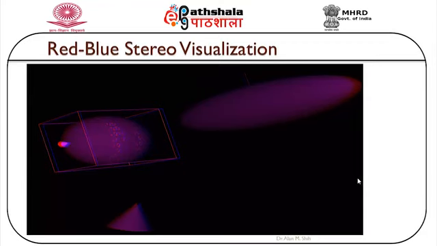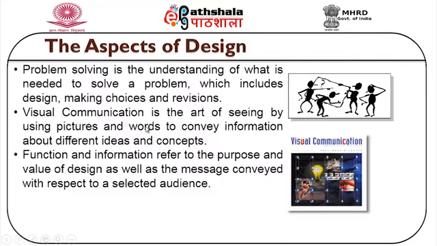So till now we have been looking at the various types of visualizations and various attributes associated with the different types of visualization. Next we will talk about the design aspects that are associated with visualization. If you look at the design aspect, they say that problem solving is the understanding of what is needed to solve a problem, which includes design and making choices and revisions. So when I try to design certain things, I need to make choices and I need to revise them many times.